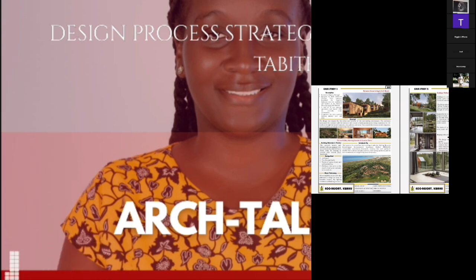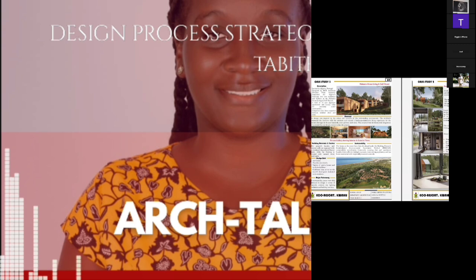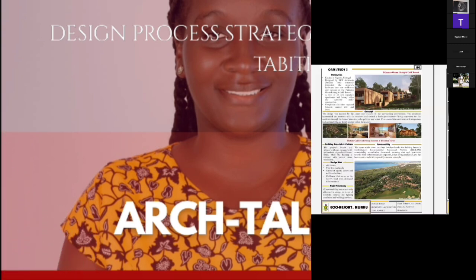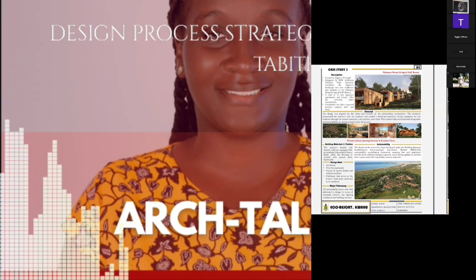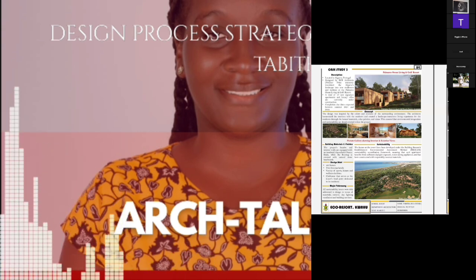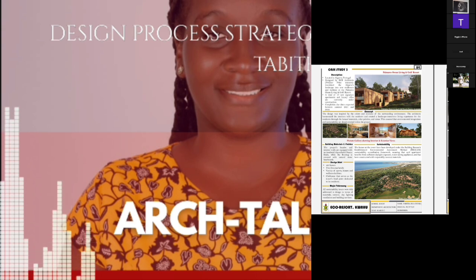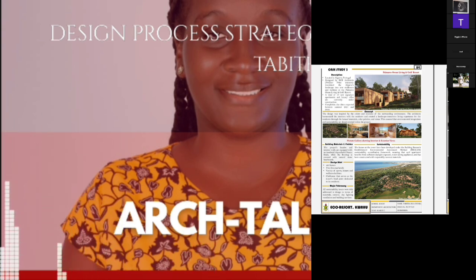So the essence of finding out the design brief from your case study is to help you also develop your brief. Like I said, there's nothing new under the sun. So if you are tasked to design a school, you cannot now go and brainstorm on your own about spaces you can have in a school. Schools exist, you get it.